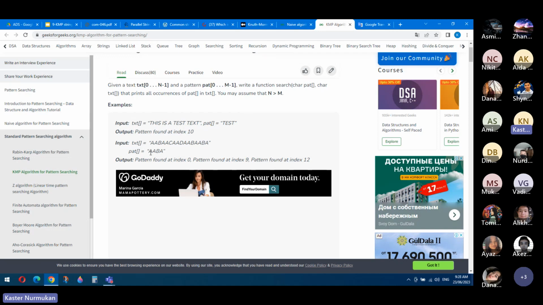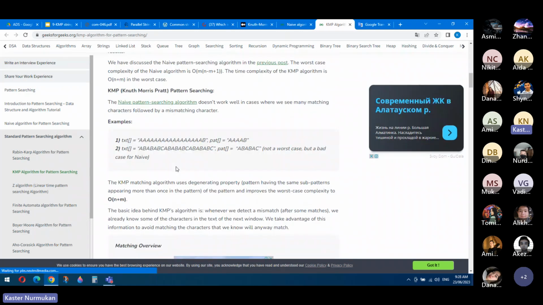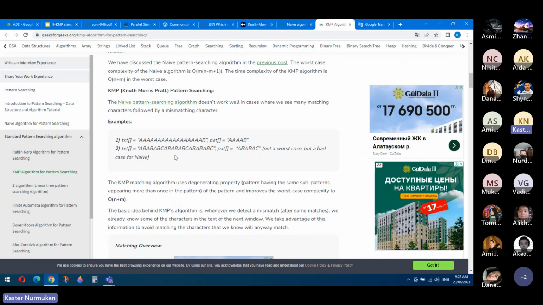For example, A, this is first. Then when they compare to B, also the same. But let me compare this one, for example: AB, AB, AC. AB is the same, AB is the same, but after that BA is not the same, in the fifth position.